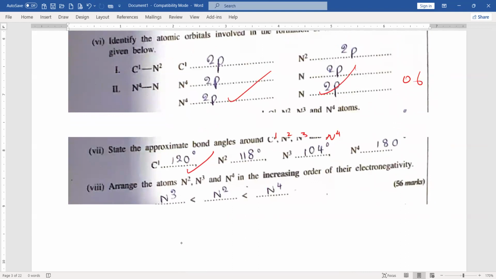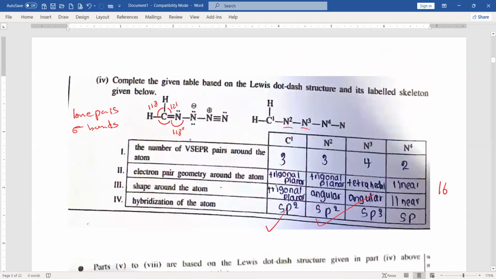118. So it's correct. And next one, N3. In N3, we can compare the bond angle of this with the water. Normally, if you have two lone pairs and two bond pairs, in the case of water, it is 104.